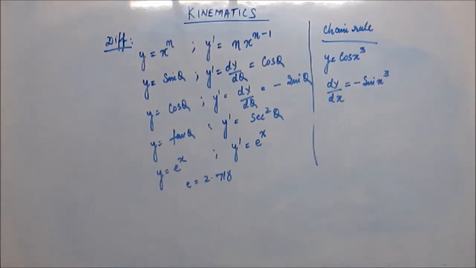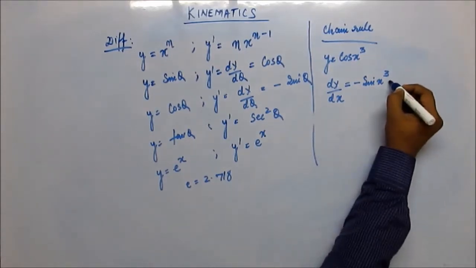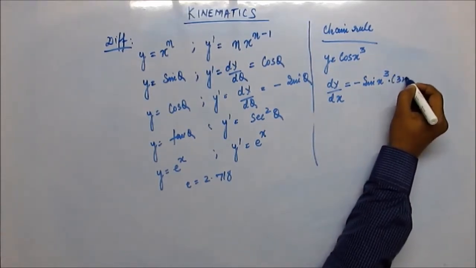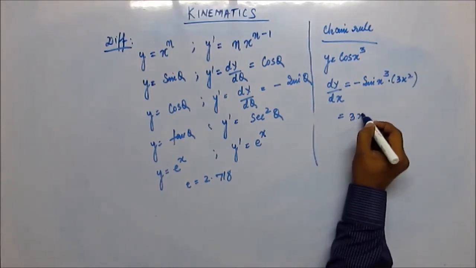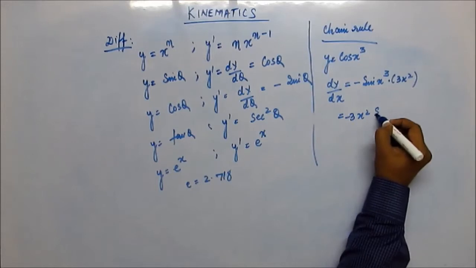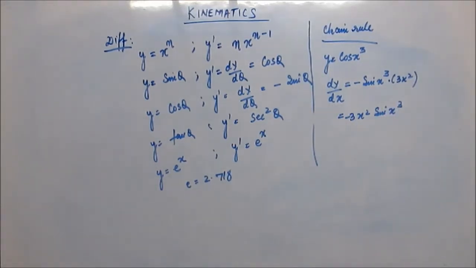First differentiate the function. We have differentiated the function, now let's differentiate the argument and multiply both. The argument is x cube and differentiation of x cube is 3x square. So this is what the result is: minus 3x square sin x cube. This is the differentiation, just the chain rule.